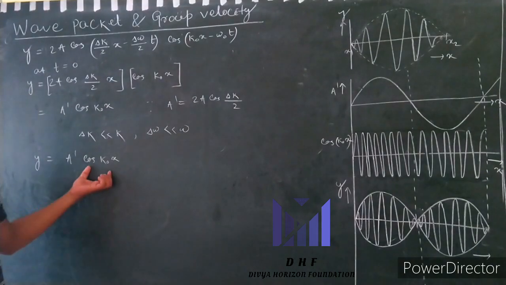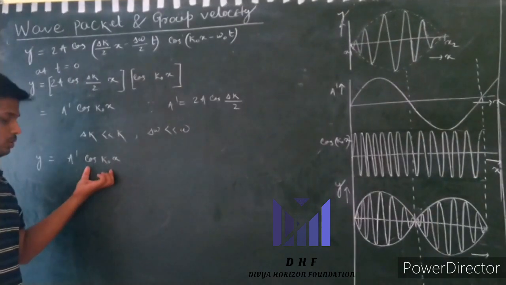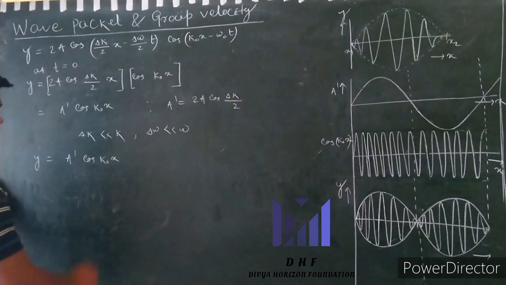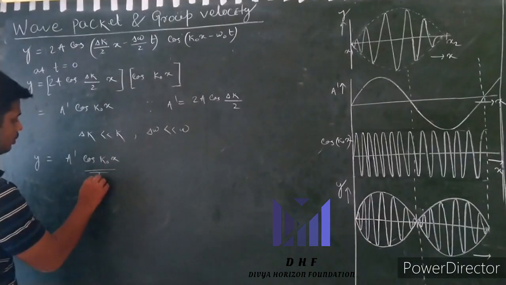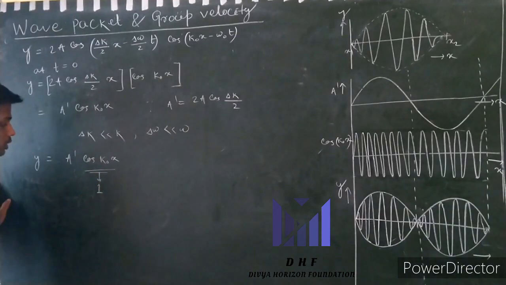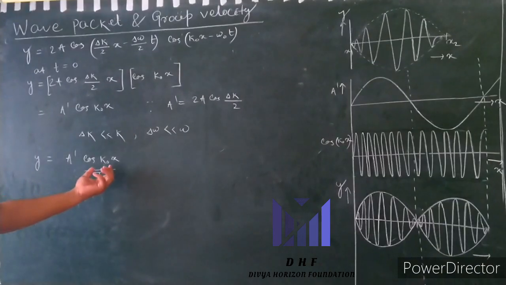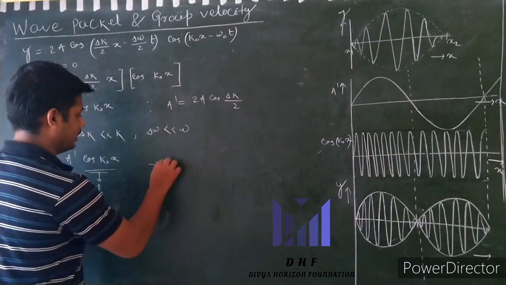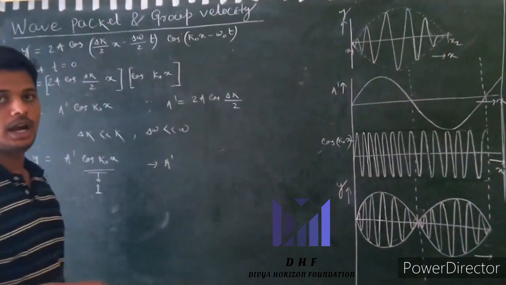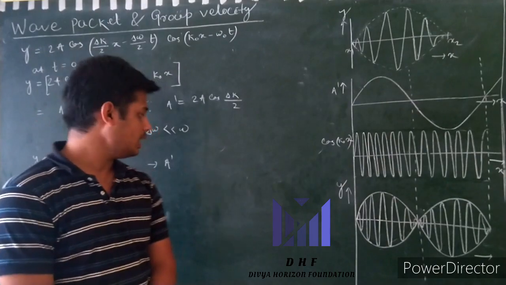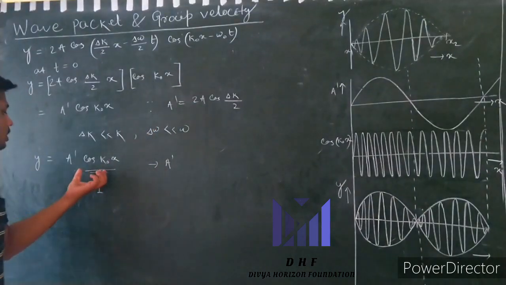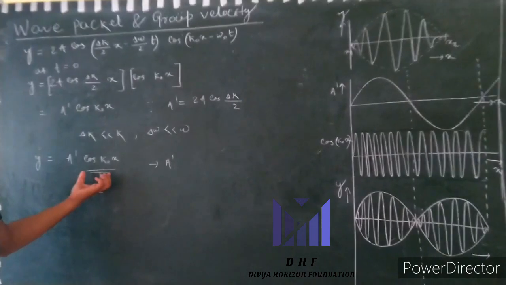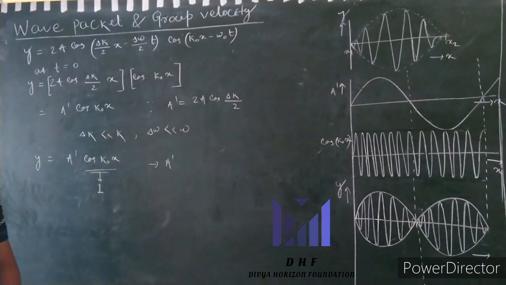Here the maximum value of cos k0 x is 1. So when cos k0 x attains its maximum value, the value of y will be equal to a dash. And a little further, this term will attain a minimum value, that is minus 1.